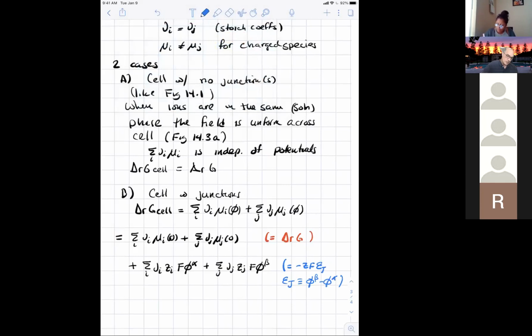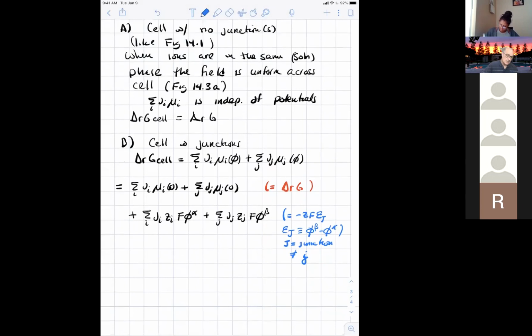And the other thing to notice, and this is a little bit confusing at first sight, is that now this J represents junction, and it's not our summation variable, okay? They're both J's, but we have a capital J that stands for junction and a little j, which is our summation variable.